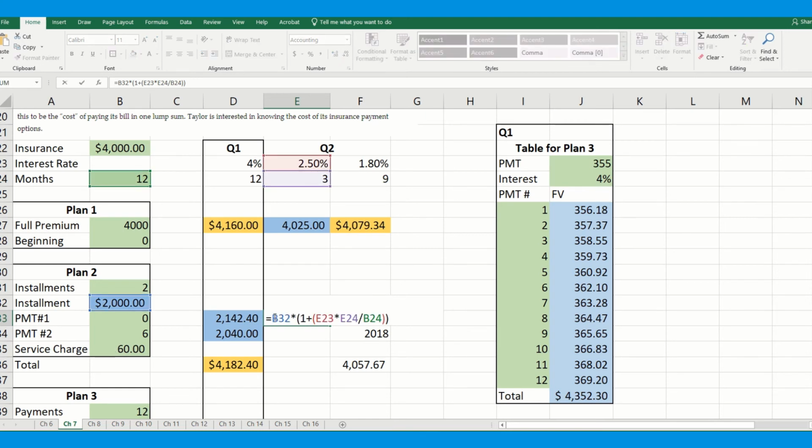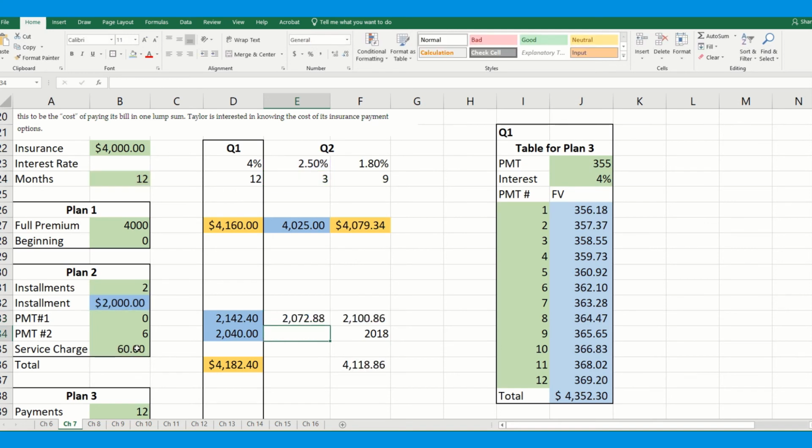I have to add the surcharge to the first payment. Okay, so I got B32 plus this cell here, our service charge, which is our present value of that. So we have to add that service charge in there.